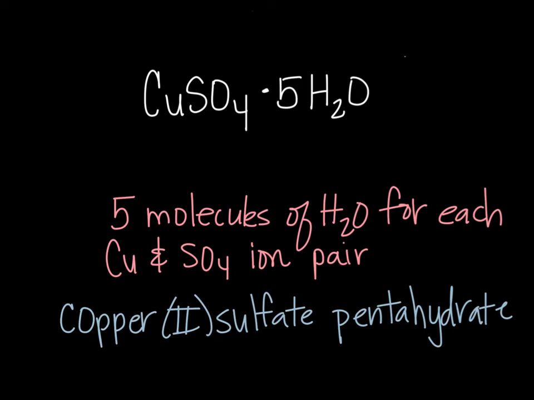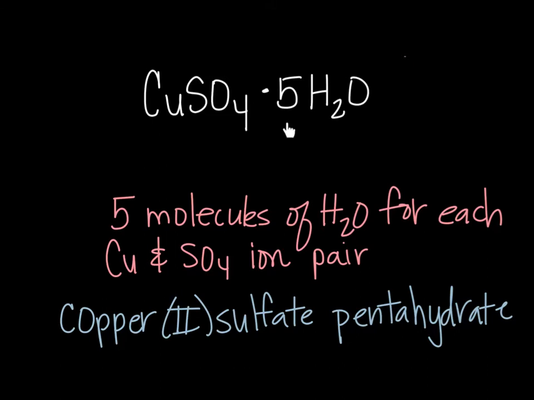This is what your formula for a hydrate would look like. Okay, so the ionic compound, and then you can see that the water molecules are attached to the ionic compound, and they are connected by using a dot. A dot will connect the water molecules to the chemical formula, and that is what the formula of a hydrate looks like. And so what this is telling you, it's a ratio.